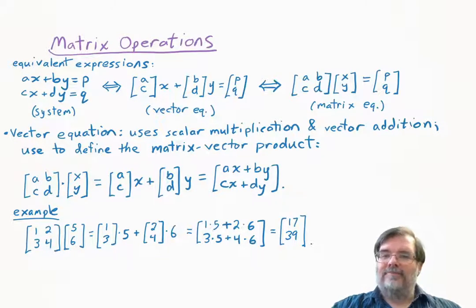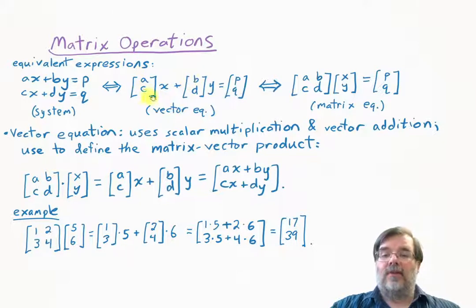Hello everybody. In this video, we're going to learn about matrix operations. In this part of the course, we want to solve systems of equations. And we've learned about different equivalent ways you can write a system of equations, either as separate equations in terms of the variables, or you could group these terms and write down a vector equation, which involves scalar multiplication and vector addition.